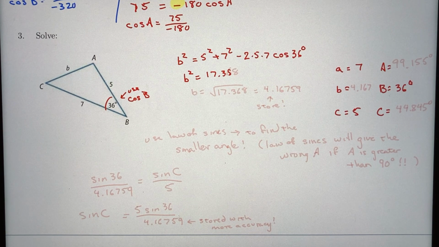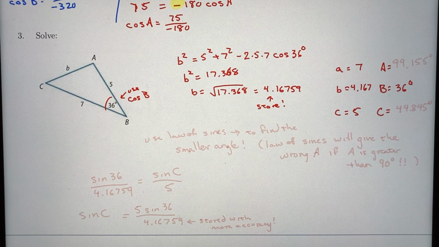Oh, look, it's 17-ish. Don't forget the square root. That's a 9. Store that as B or use extra precision when you're writing down one of the other ones.